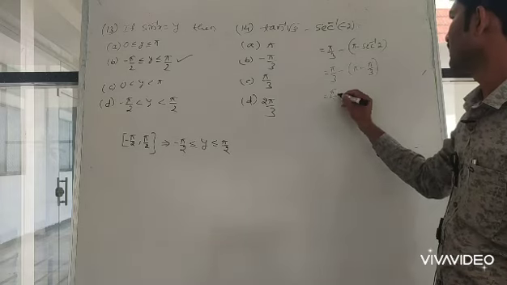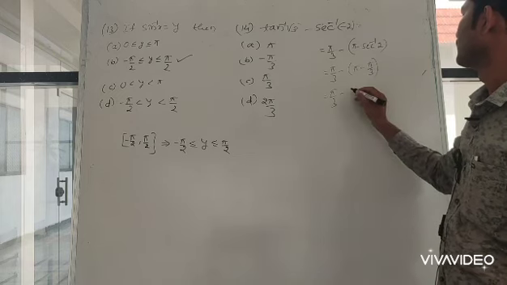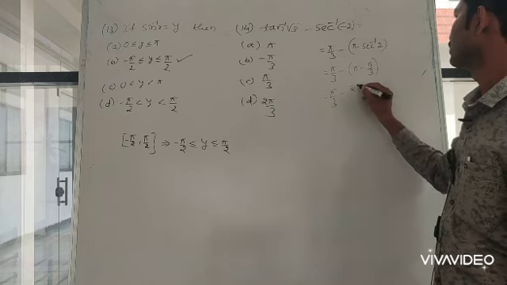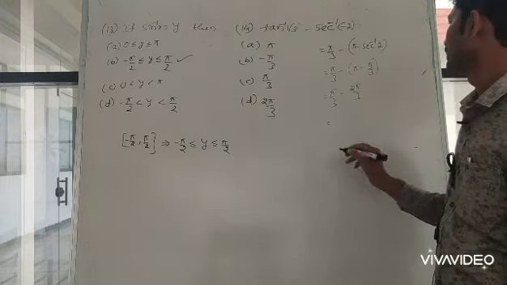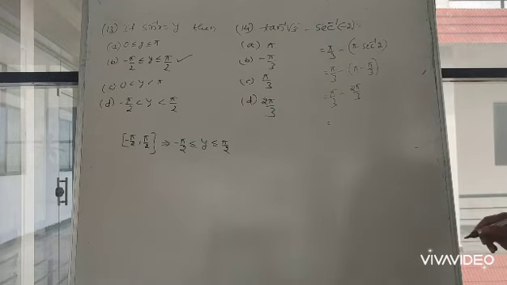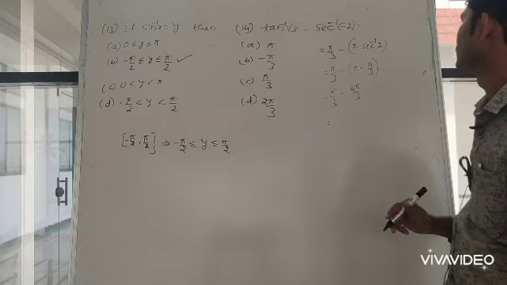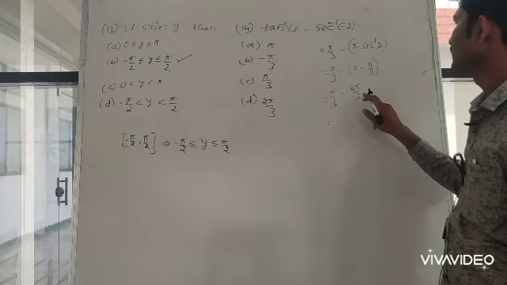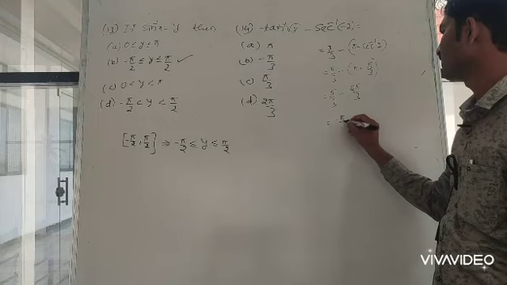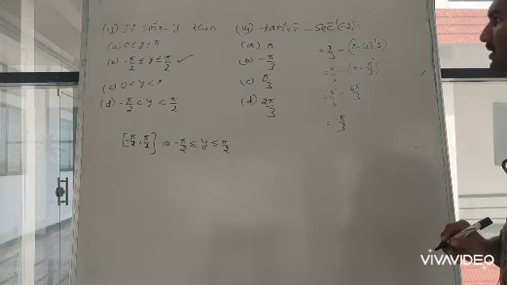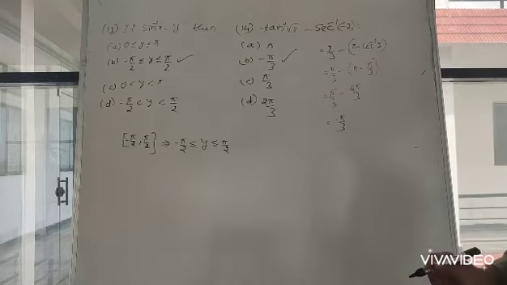By using the table, sec inverse of 2 is pi by 3. If you simplify this, we will get 2 pi by 3. Pi by 3 minus 2 pi by 3, that is minus pi by 3. Which one is the right answer? Option B is the right answer.